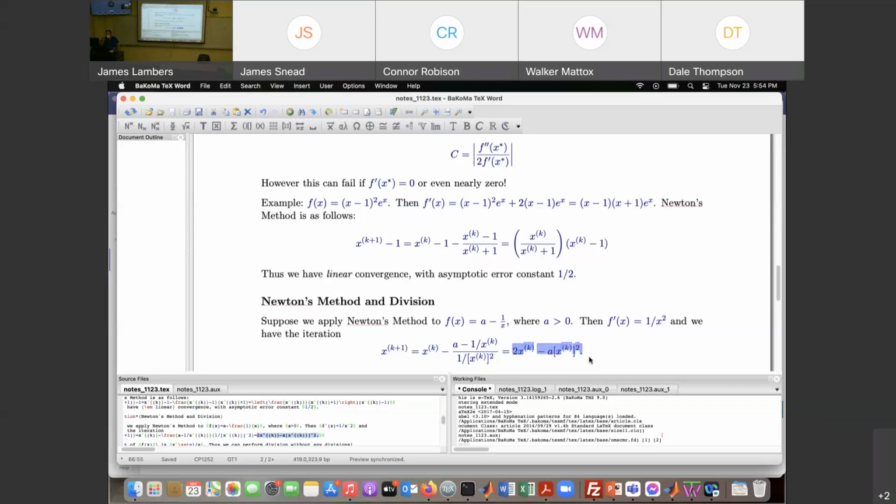So it's a way to divide without dividing. In fact, I believe it was in the 60s that a particular kind of IBM computer used this iteration to perform division in hardware. Modern computers have circuits to perform four basic operations: addition, subtraction, multiplication, division. This computer did not need a division circuit because it would use the other operations to carry out division.